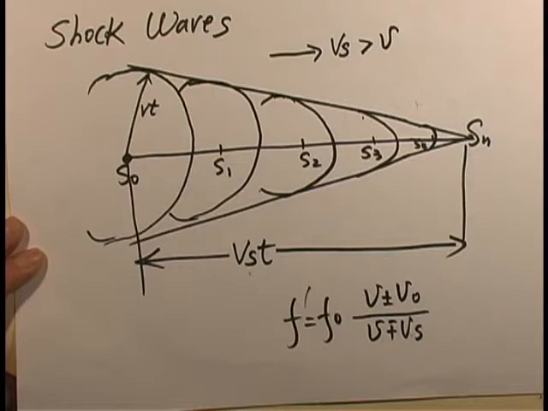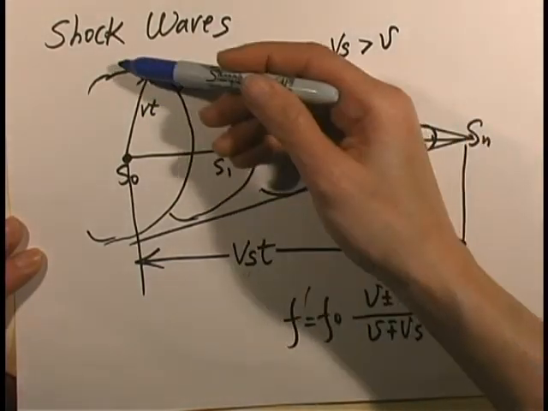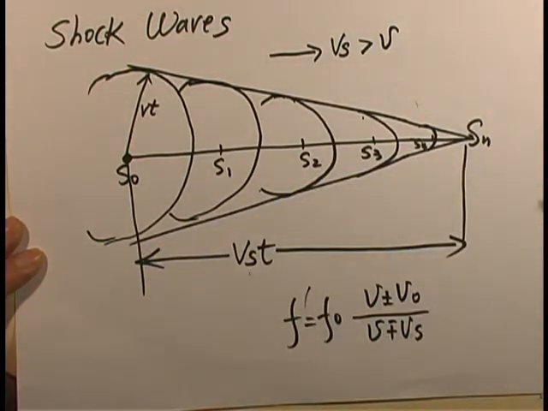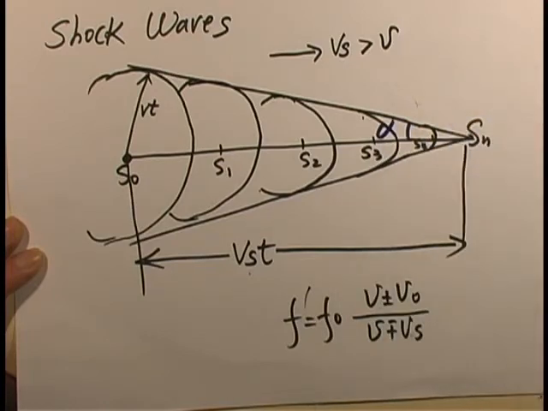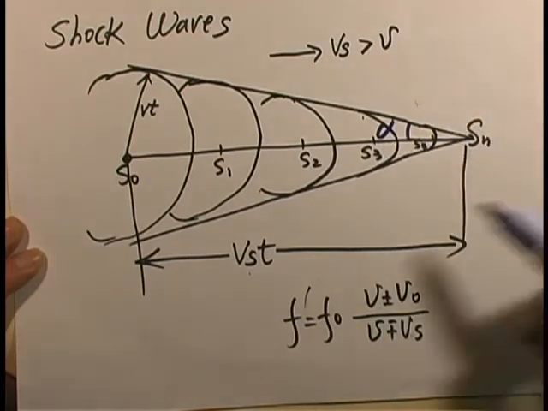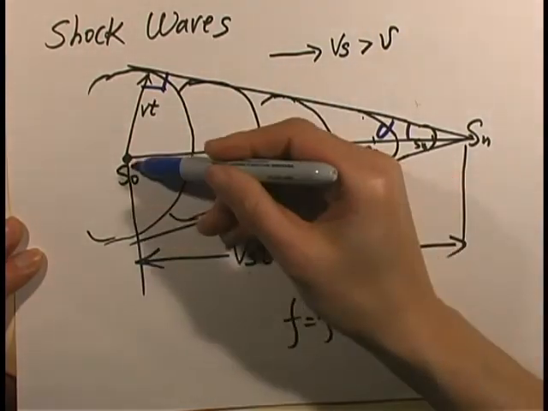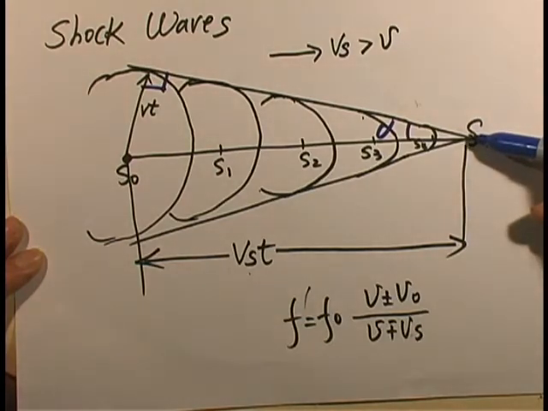A shock wave, a series of wavefronts, will form such an interesting triangle shape, and this angle alpha can be calculated. As a matter of fact, this is a 90 degree angle. So from S of O to S at N, this is the hypotenuse of the right-angled triangle.